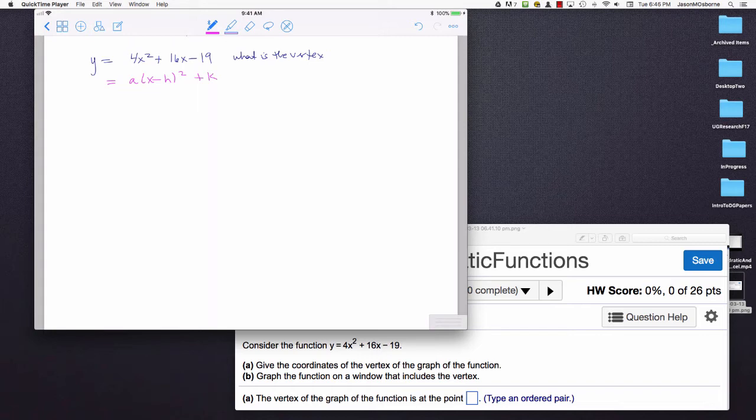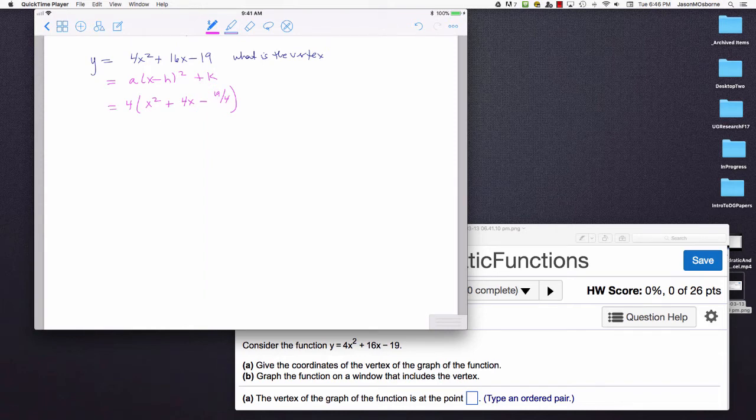The process, as done in the other video, is to first factor out the 4. If you factor out the 4, that leaves 4 times x squared plus 4x minus 19 over 4.